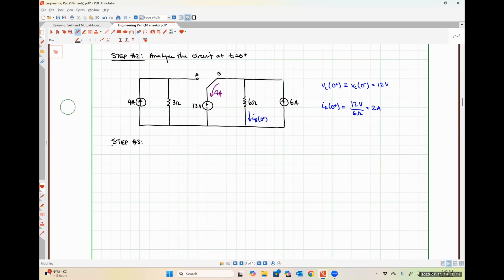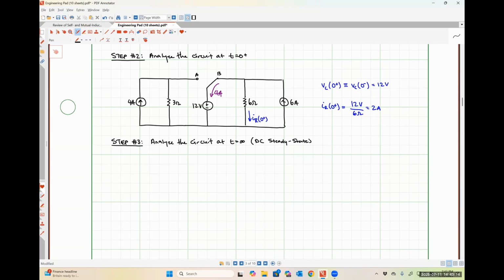So step number 3 tells us to analyze the circuit at t is equal to infinity, which, since this is the first time we have really needed to do it, I'm going to remind you guys that t is equal to infinity represents a DC steady state condition after our transient has died out, okay?